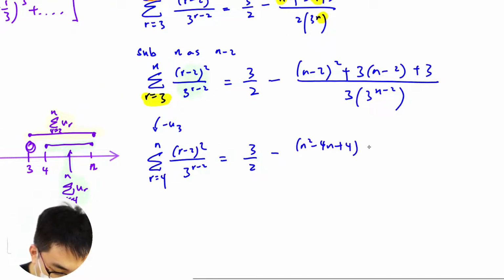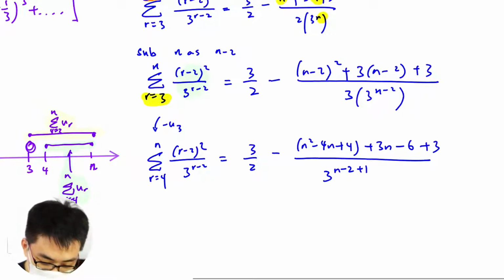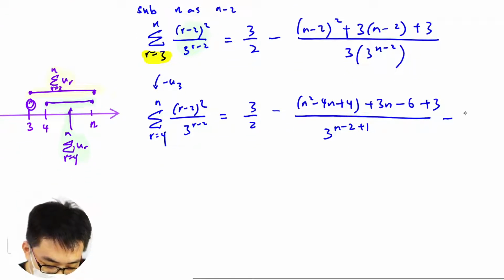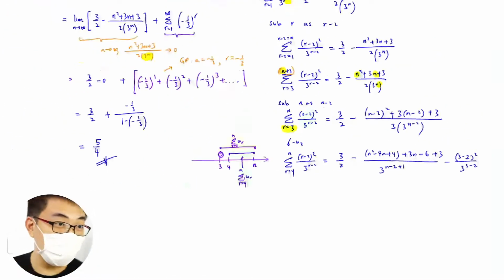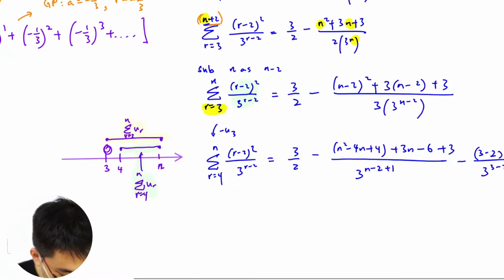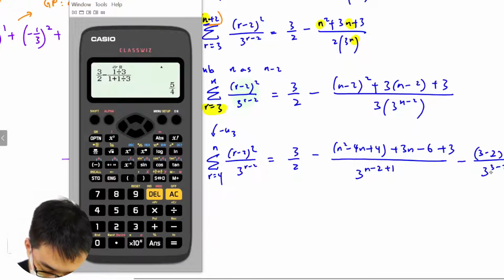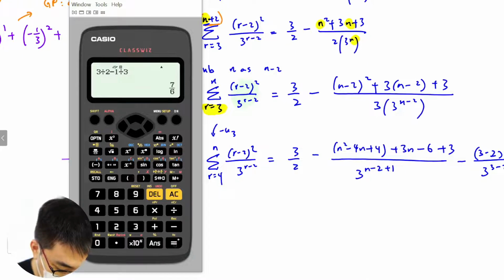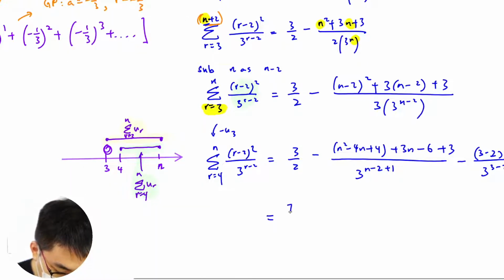Plus 4 plus 3n minus 6 plus 3 over 3n minus 2 plus 1 minus u3. u3 is 3 minus 2 squared over 3 minus 2. This is 1 or 1/3. 3 over 2 minus 1/3. Hopefully I get this. Oh, 7 over 6. Looks good.